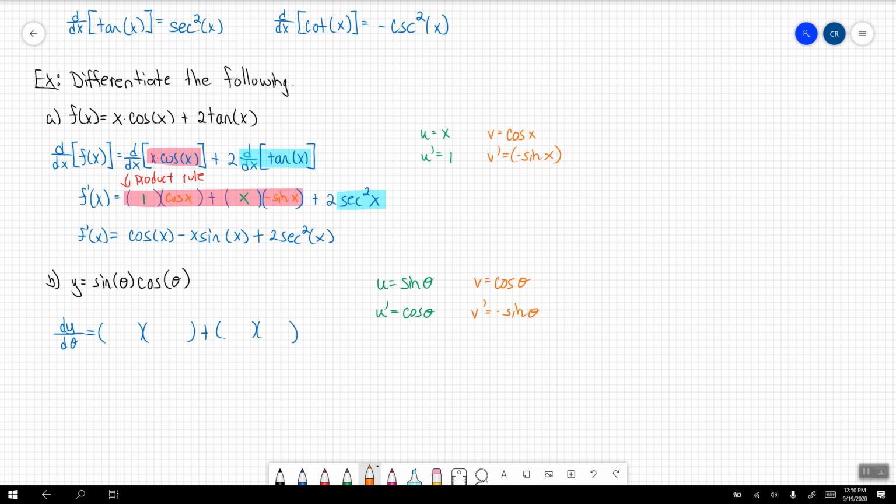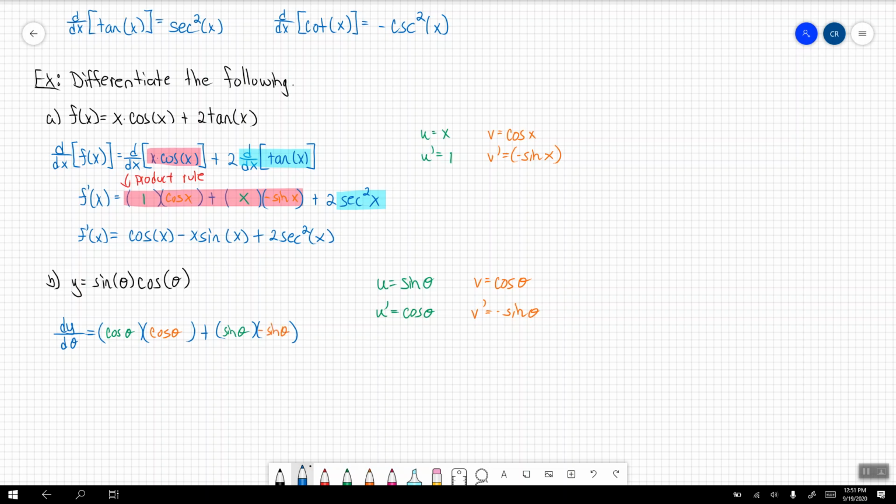we're going to take the derivative of the first function, which was cosine of theta, multiplied by the second function, which is cosine of theta, plus the first function, which is sine of theta, multiplied by the derivative of the second function, which is negative sine theta.